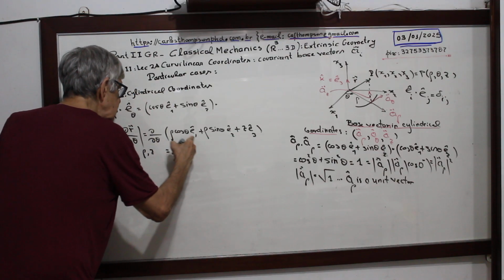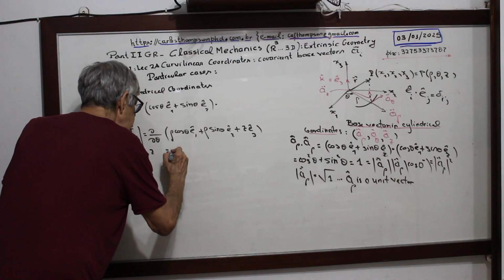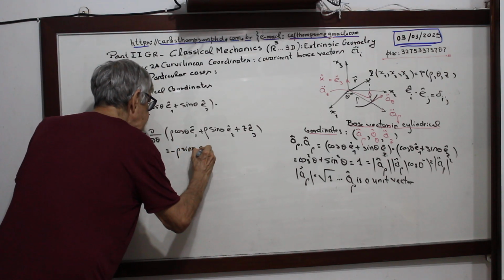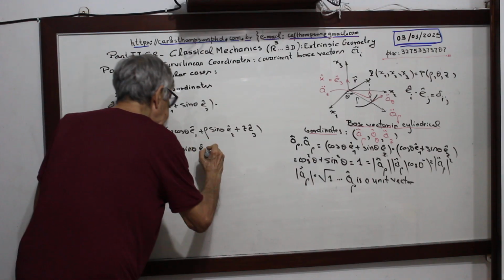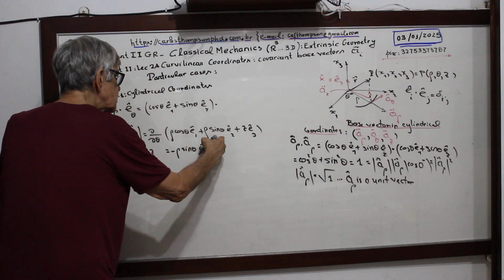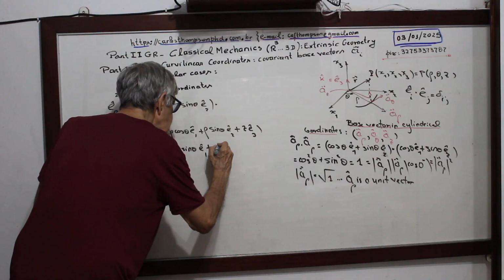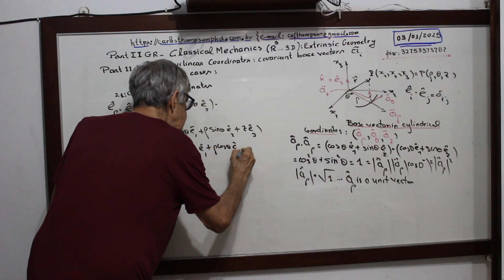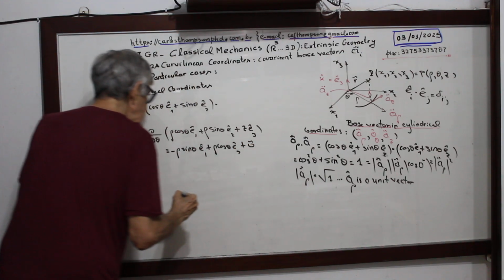Now it's easy. Rho is constant, E1 is constant, so it will be minus rho sine theta E1, plus the derivative of sine is cosine, plus rho cosine theta E2 plus 0. Okay?